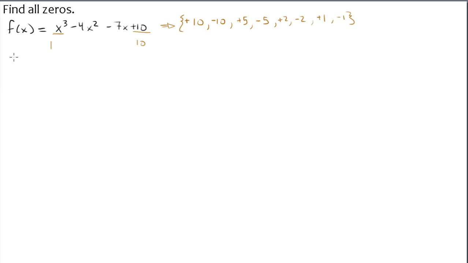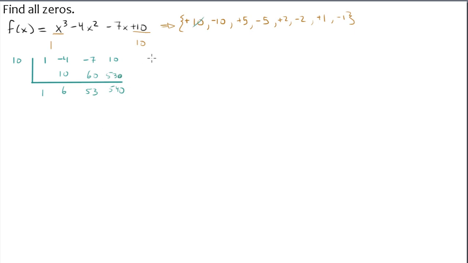So let's start with 10 and let's divide it into 1, minus 4, minus 7, 10. Alright, so 1 times 10 gives us 10. This gives us 6, 60. Uh-oh, we can already see that it's not 10.